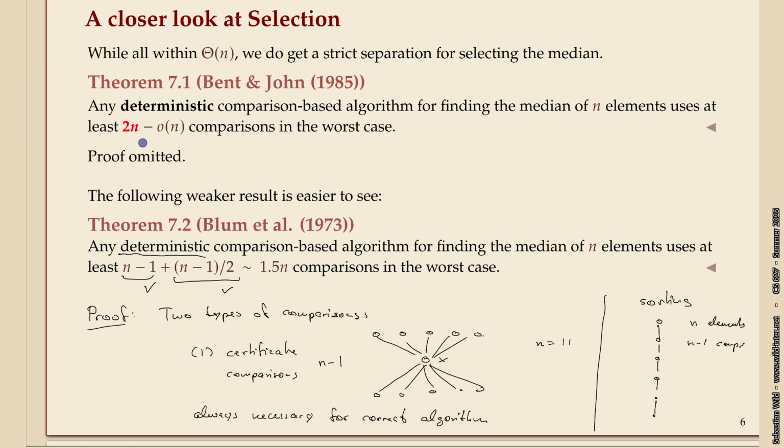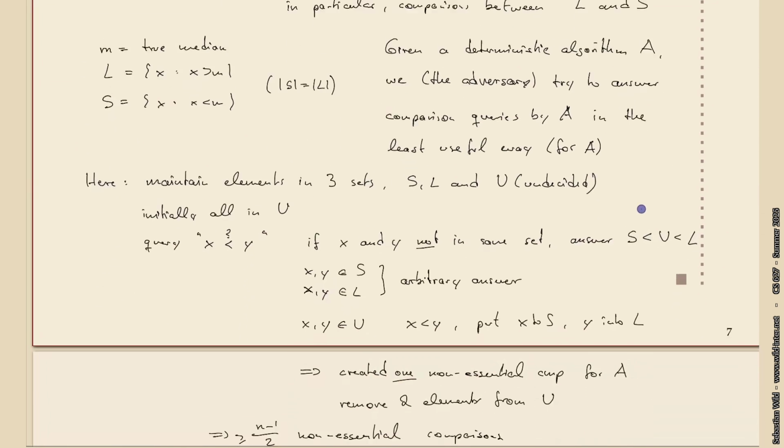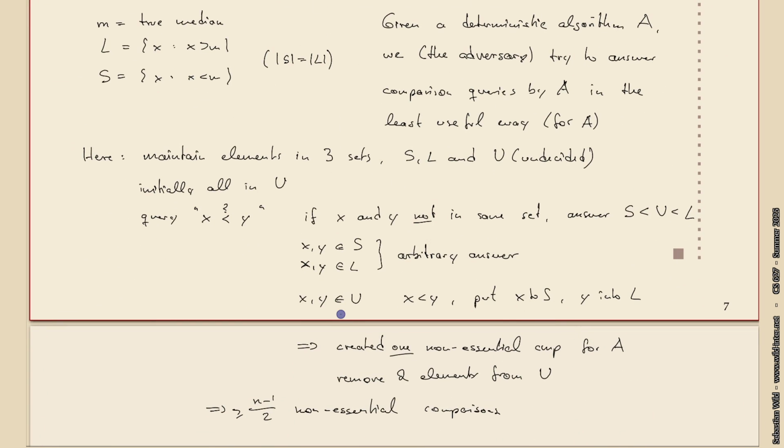What I wanted to say is how to get the higher lower bounds is by making this adversary more sophisticated. Here we immediately put x and y from the unknown sets, 1 up, 1 down, and we harvest 1 comparison.